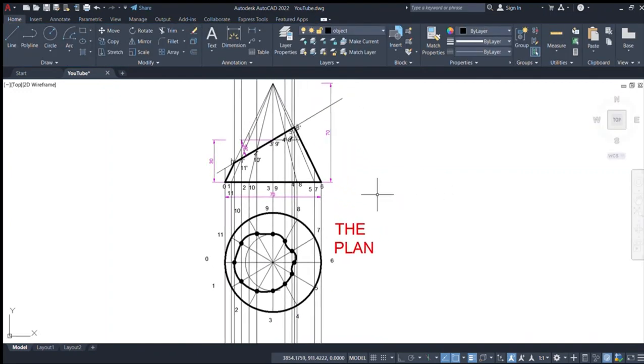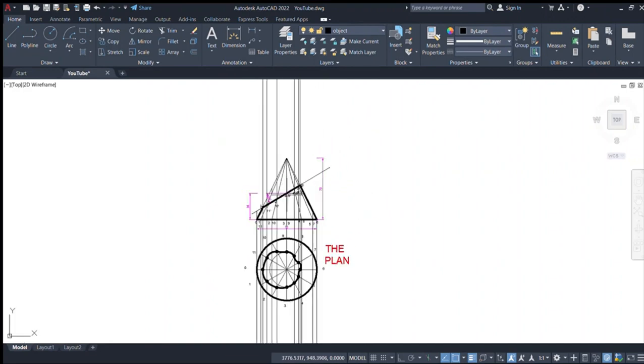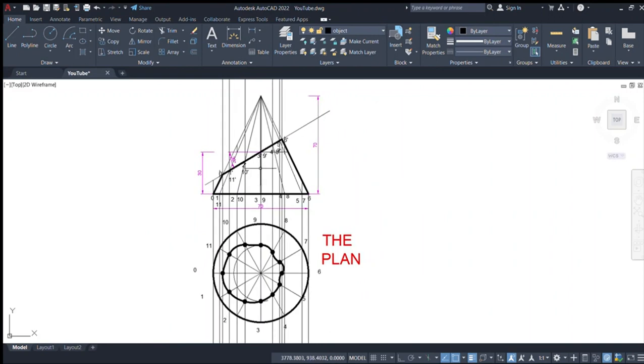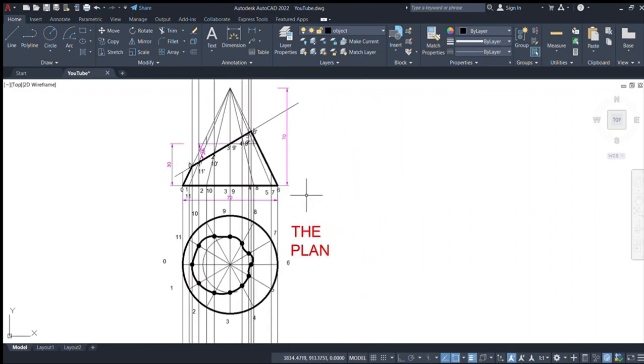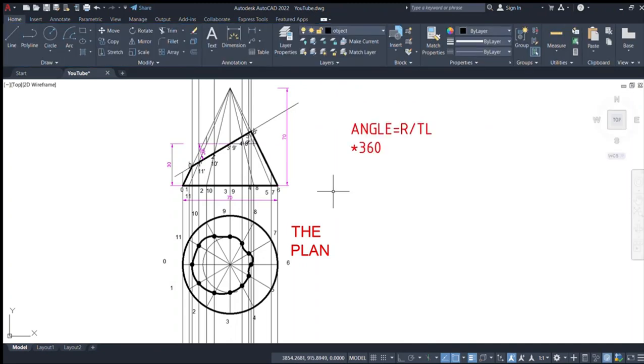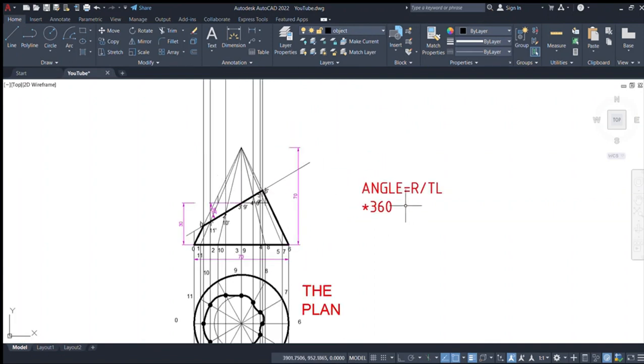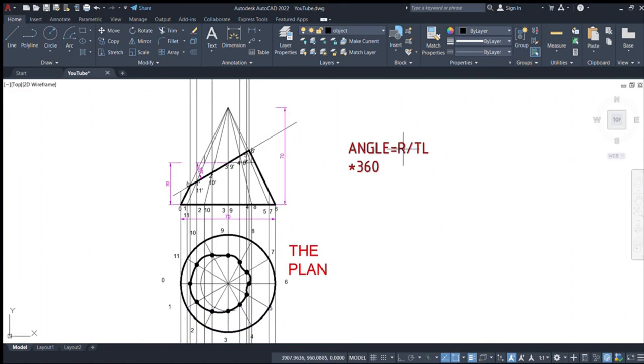So the next part here was asking us to do surface development for the cone. So before you do the surface development, you have to find the angle. So angle theta, the angle that we are going to subtend here, is given by this formula, radius, which is 35, over true length.